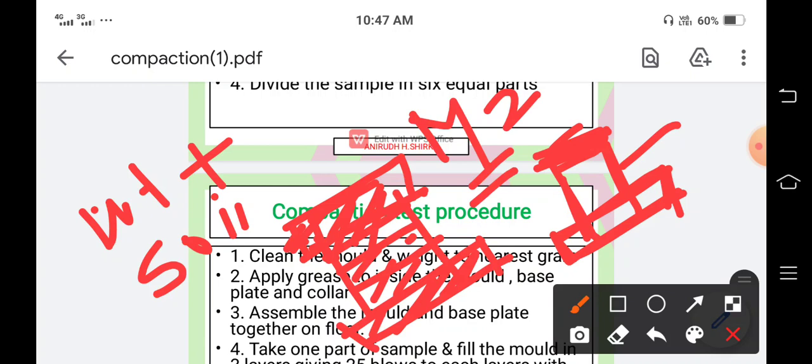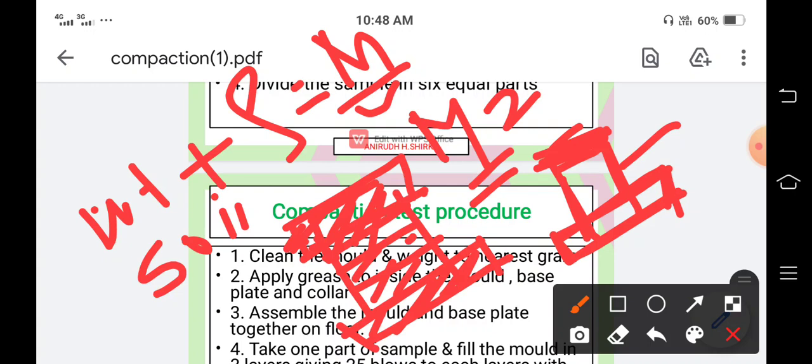We have to find the bulk density, rho equal to m by V, where m is the mass of the soil sample and V is the volume of the soil sample. Here we get the mass of the soil sample plus mould, but we want only the mass of the soil sample. So now we deduct the self weight, that is the mass of the empty mould.